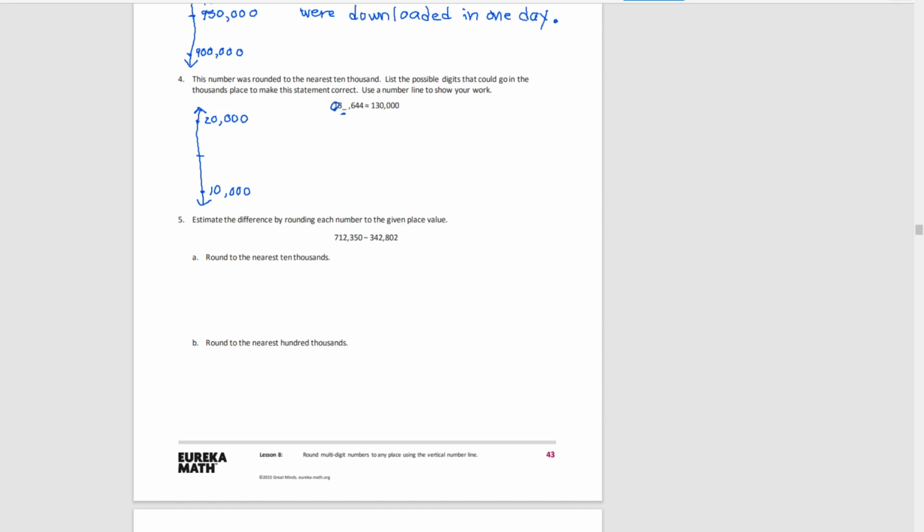Our midpoint would be 135,000. And so in order to round this number to these 10,000s, in order to follow this, it would have to fall in this range. So let's write this whole number.